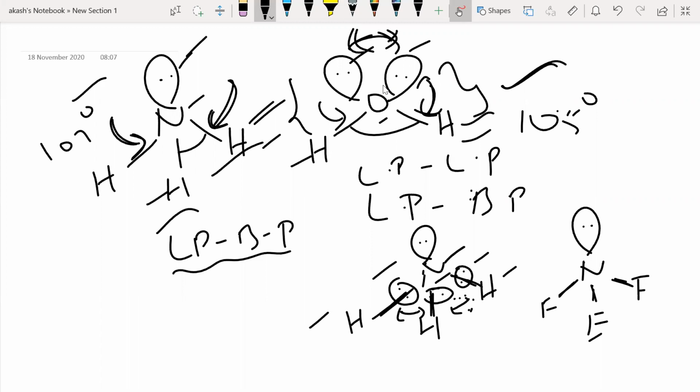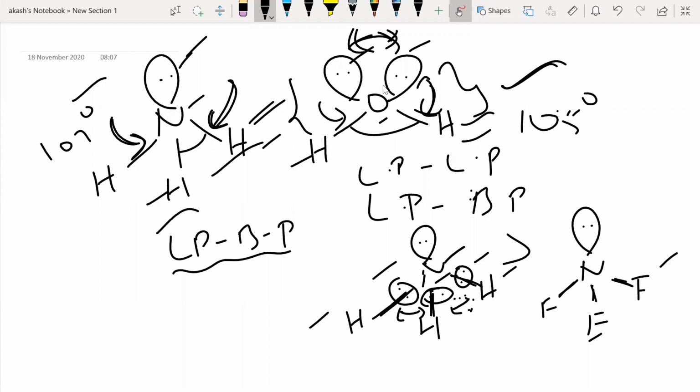If they move towards each other, the repulsions will increase, so they will try to move away from each other. So the bond angle for NH3 is greater, because nothing of that sort is going to happen here with fluorine being more electronegative.